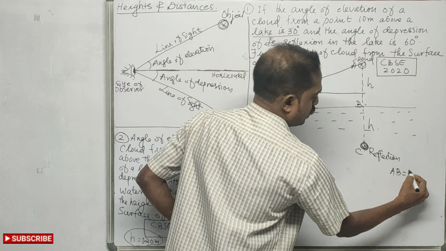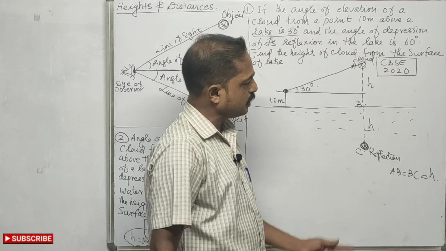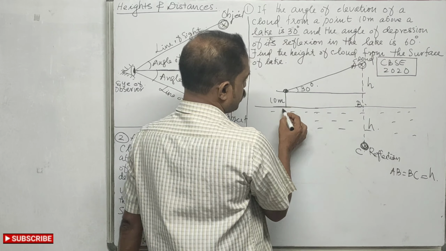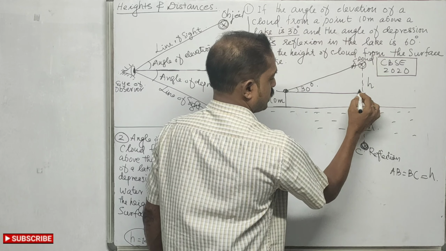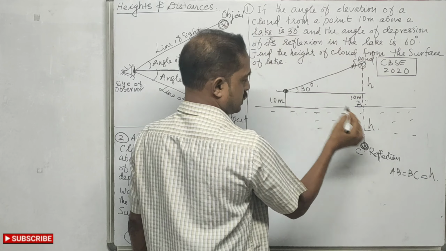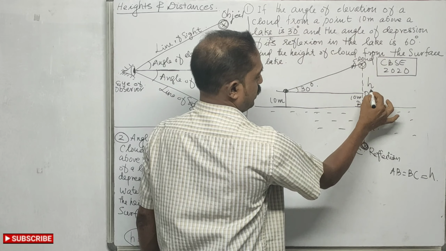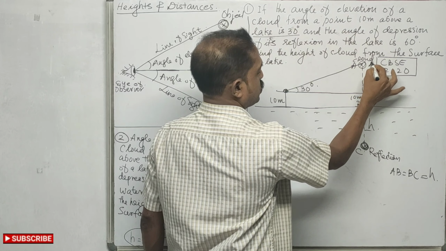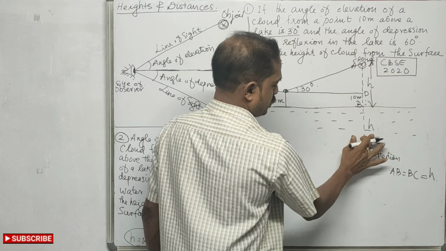Let us assume that AB is equal to BC is equal to H. So this distance is 10 meter. This distance also is 10 meter. Let us assume that this point is D. So this distance is H. This distance also is H.